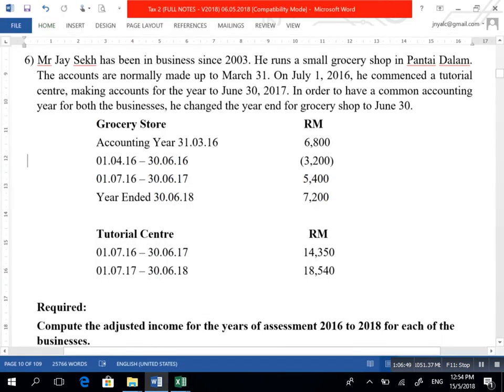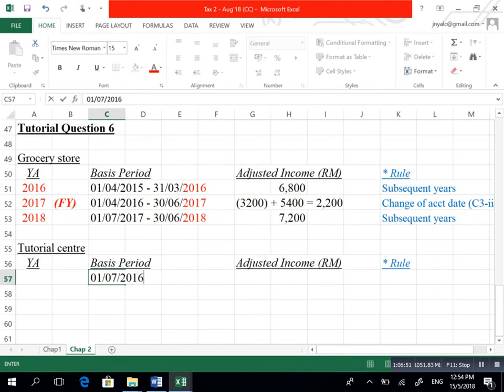First, second, or third? July 16. Is it in the second one? Yes. When you fall under the second period, then you look at the ending date of the second period and follow this as the ending date. So until 30th June 2017. And the first YA will be 2017 here also.